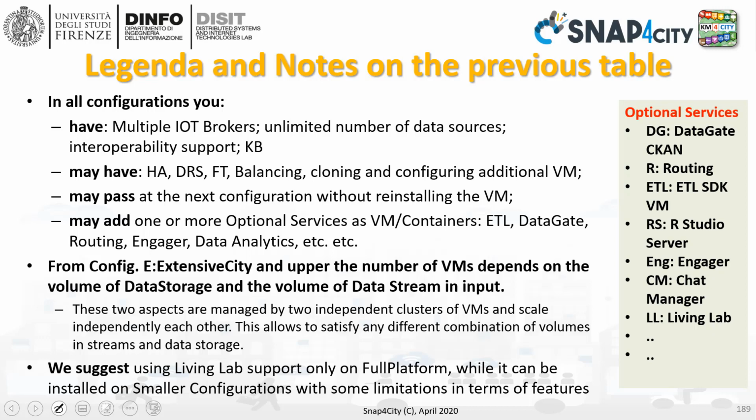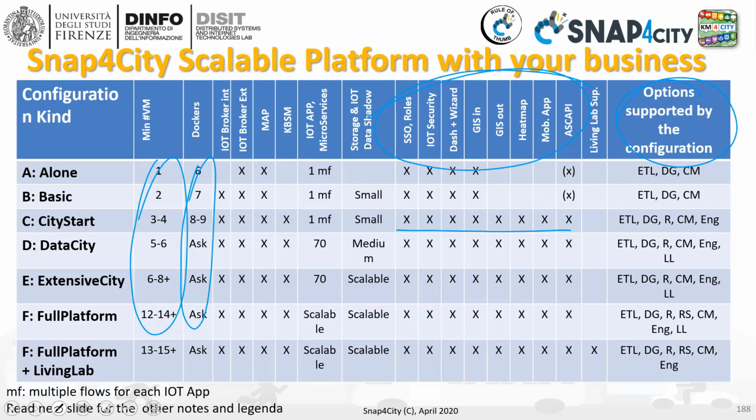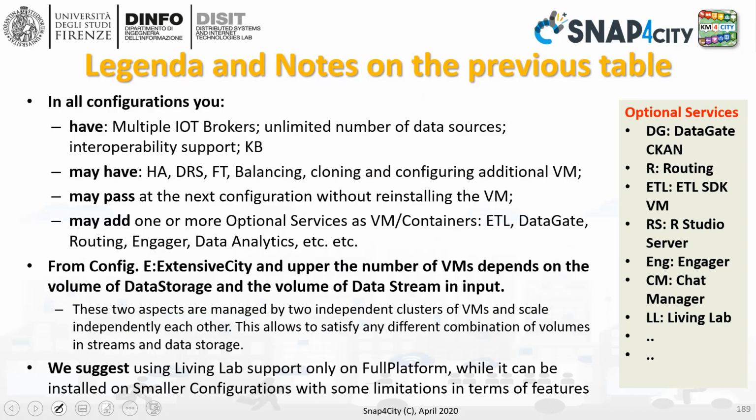You may pass to the next configuration without reinstalling the virtual machine. You may add one or more optional services according to the list reported in the column. And from configuration extensive city, you can have a scalability aspect, so it's possible to scale up dynamically your solution, so you can really add more and more resources to follow the growth of your solution.